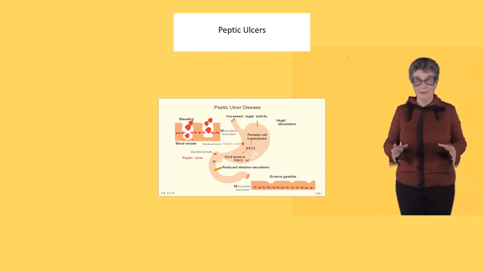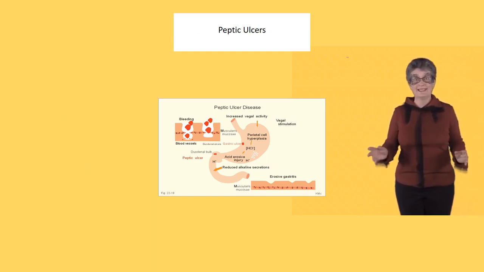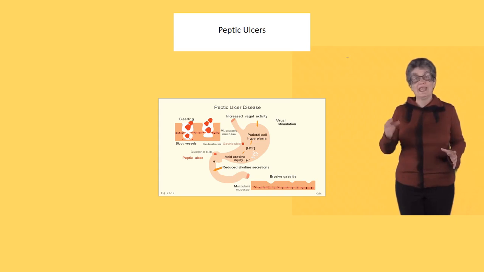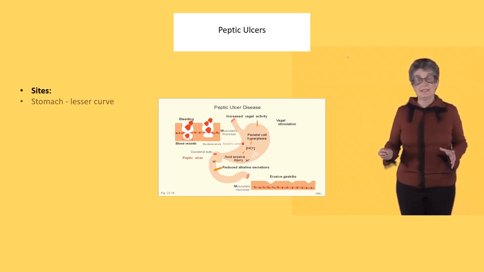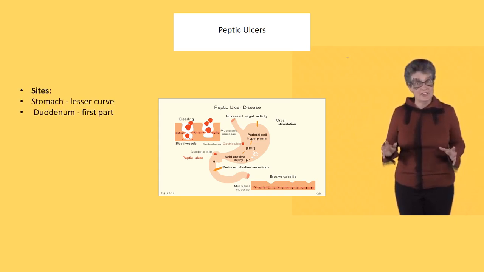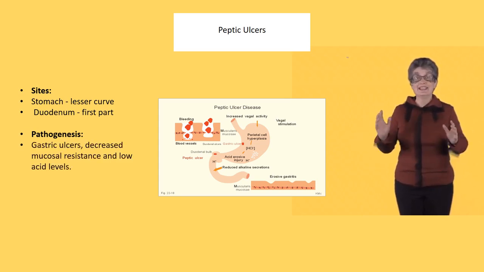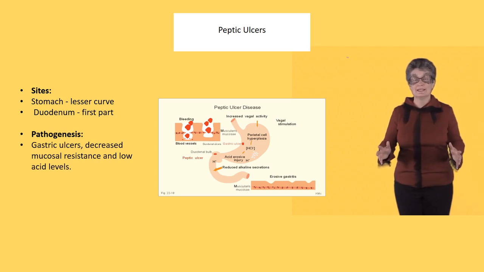Let's move on to thinking about peptic ulcers and their relationship to gastritis and Helicobacter. Peptic ulcers occur in the stomach and in the duodenum, and the pathogenesis of each is quite different. Gastric ulcers have decreased mucosal resistance and low acid levels.